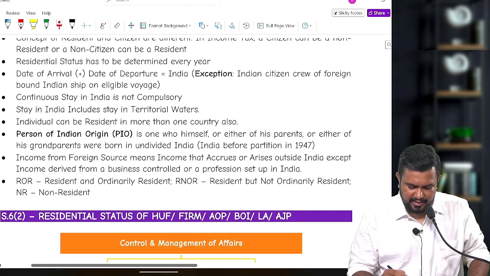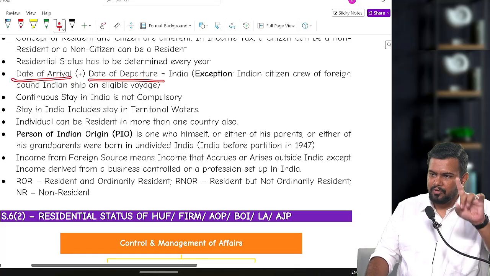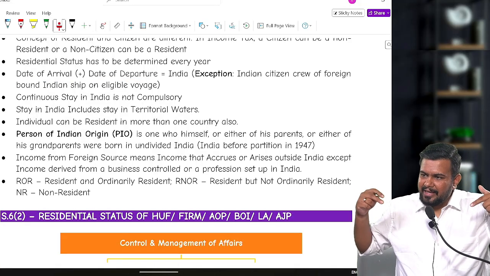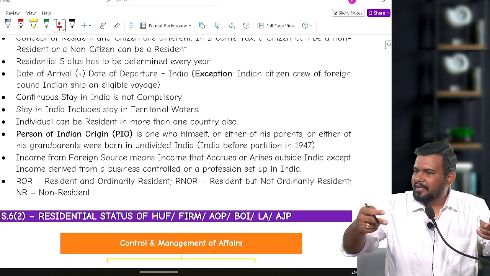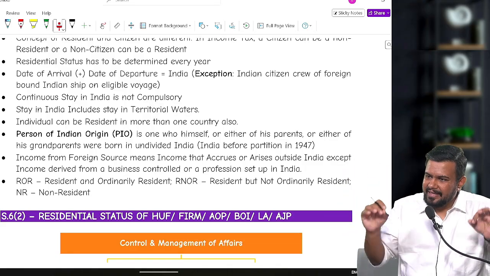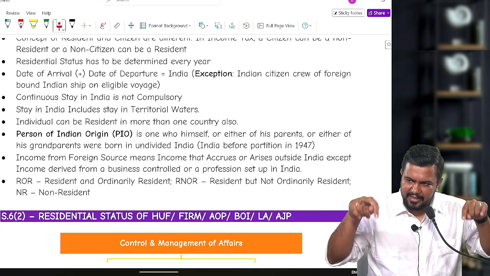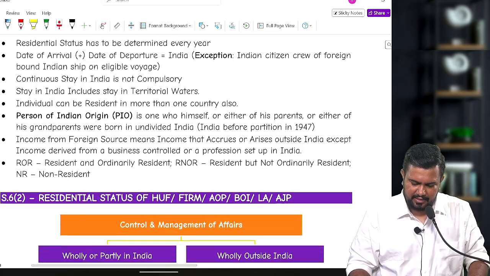Next, very important: date of arrival and date of departure are both calculated in India. The day on which you leave is also considered in India, and the day on which you come to India is also considered in India.